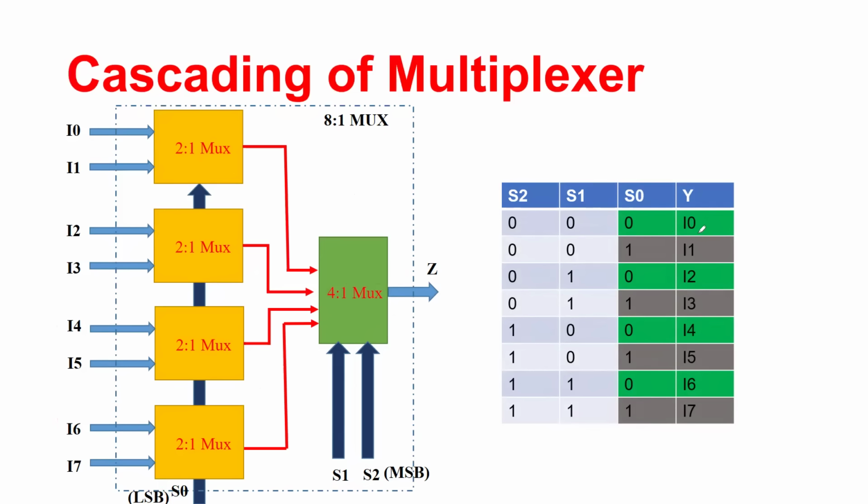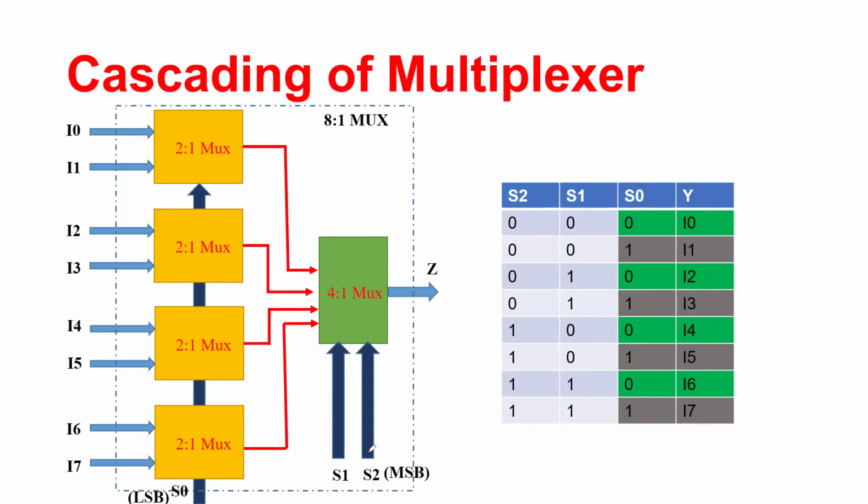So the truth table is very simple, where first, let's say, S0 can have 0 or 1. So when it is 0, indicated by the greens, the output Z should get I0, I2, I4, and I6.